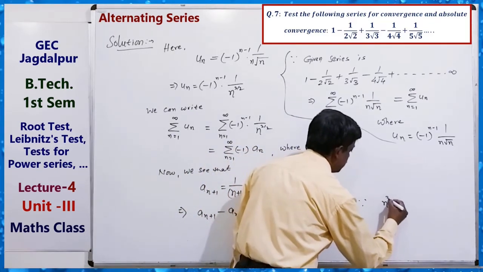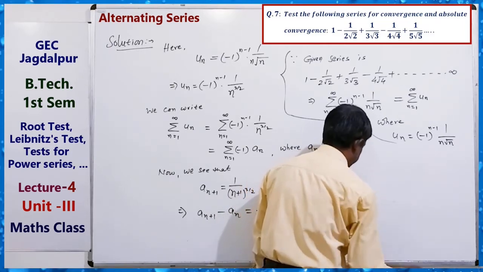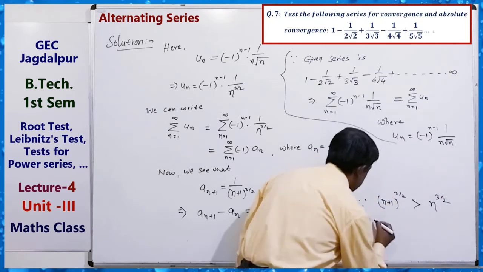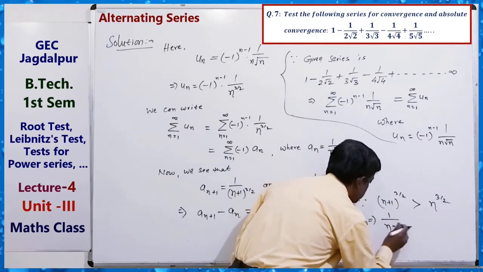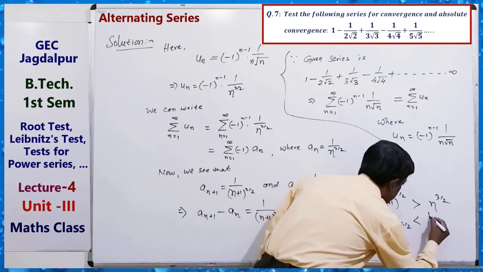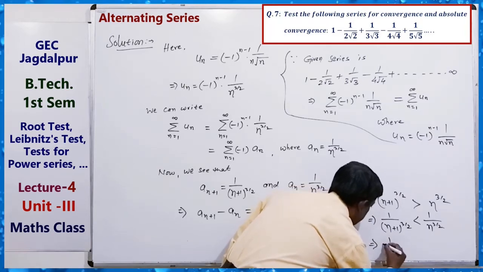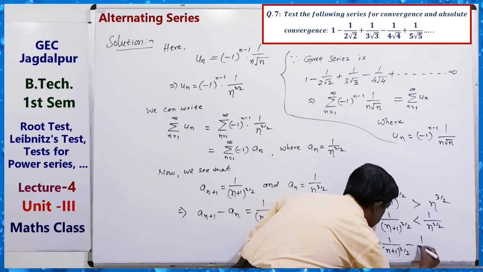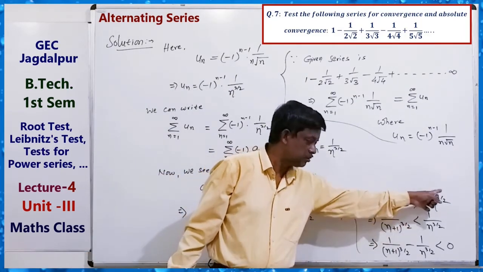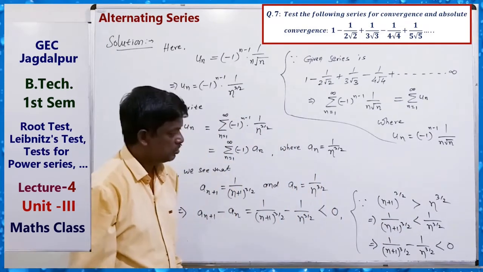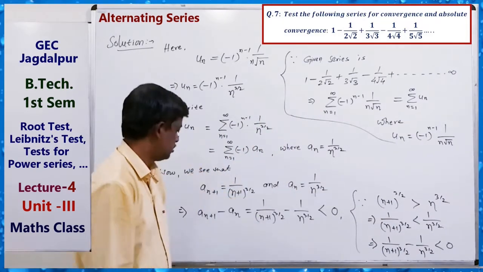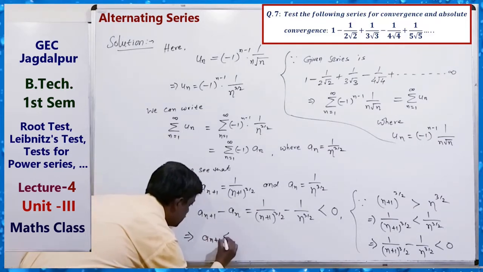Since (n+1) power 3 by 2 is greater than n power 3 by 2, 1 upon (n+1) power 3 by 2 is less than 1 upon n power 3 by 2, so this difference is less than 0. This implies a(n+1) is less than an.